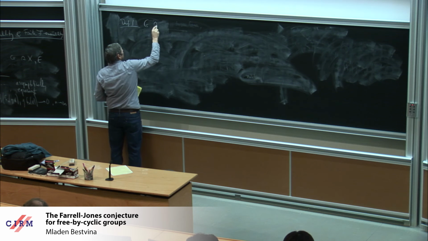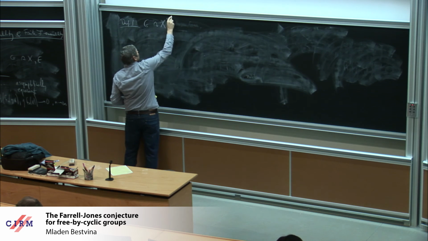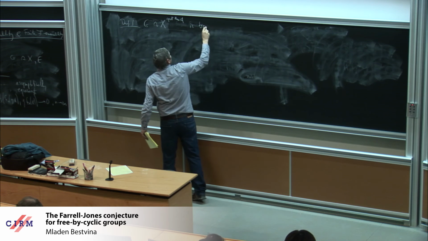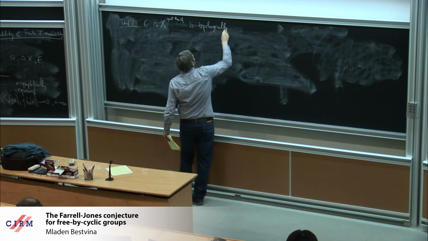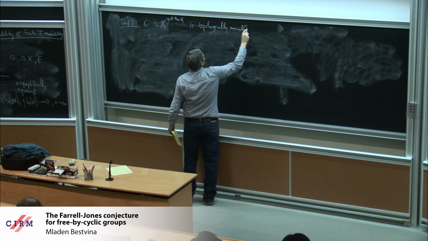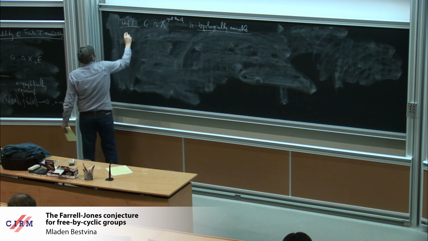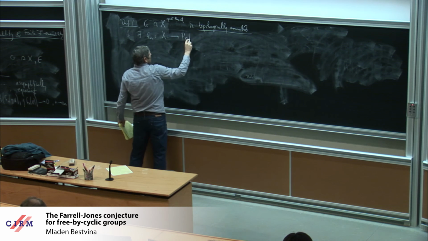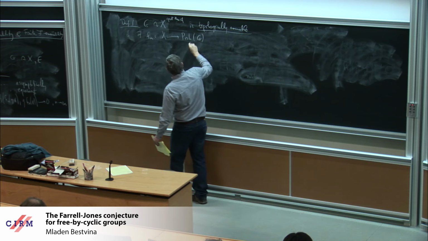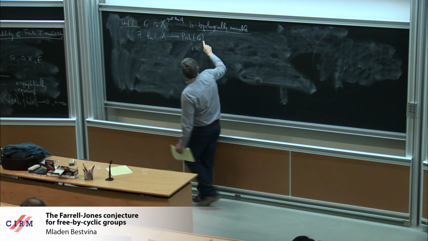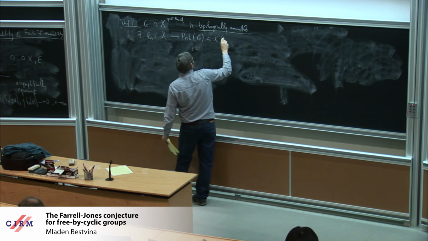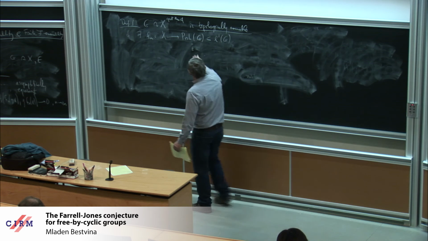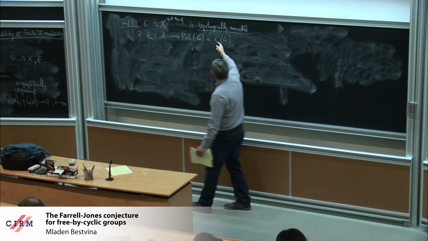The action of G on X, this is compact Hausdorff, is topologically amenable if there exist F_n from X to the space of probability measures on G. So this is our E, and the metric here comes from L1 of G. You think of a probability measure on G as an element of L1.